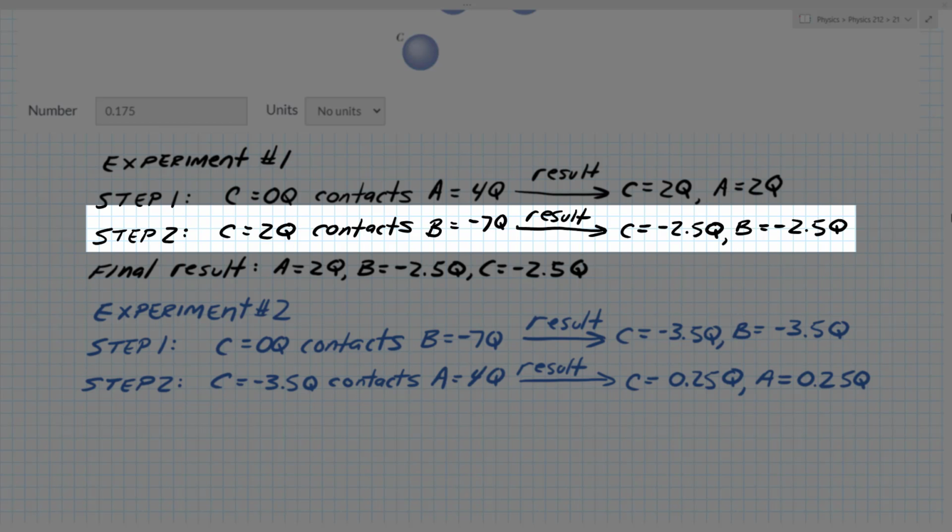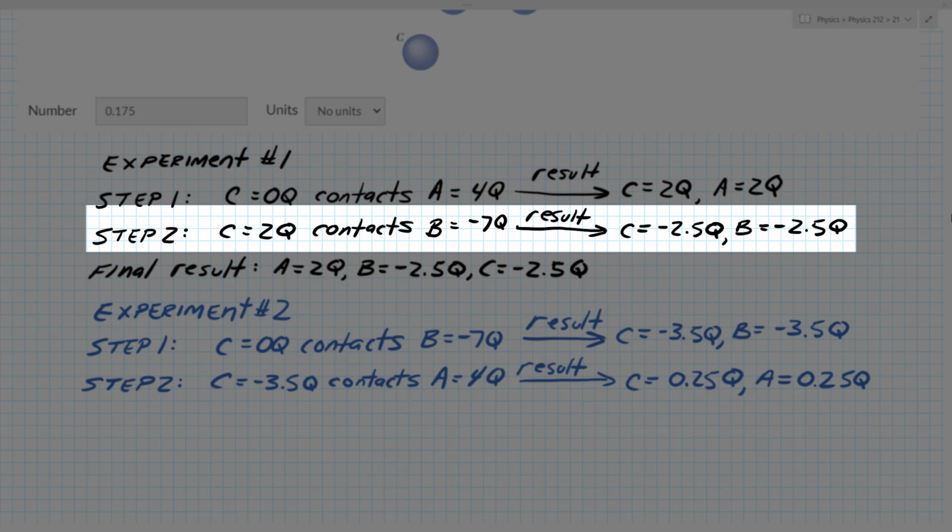Sphere C is now brought into contact with sphere B. All of that positive charge on sphere C is mutually repulsive. All of that negative charge on sphere B is also mutually repulsive. Notice that before sphere C is brought into contact with sphere B, collectively they represent a grand total of -5Q amount of charge. After sphere C contacts sphere B, this distributes evenly.